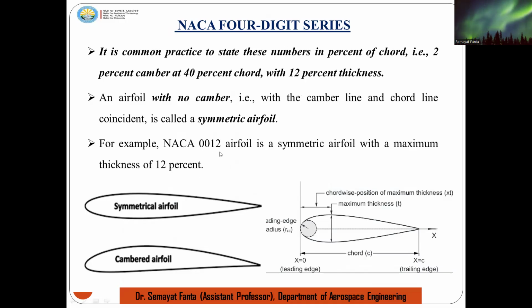So 0, 0, 12. It has only thickness. A symmetric airfoil has the upper and lower surfaces symmetric about the chord line.